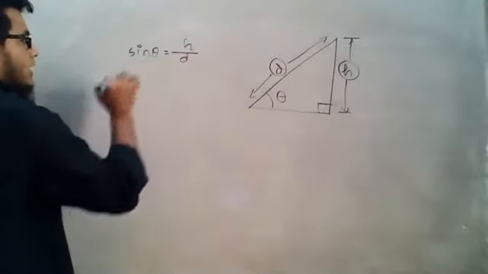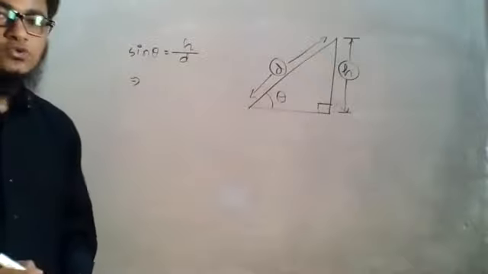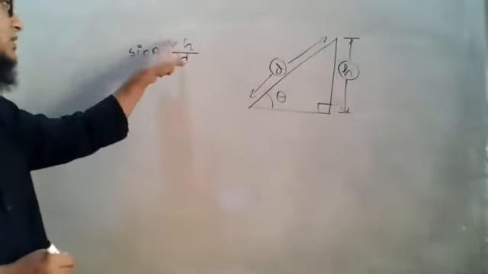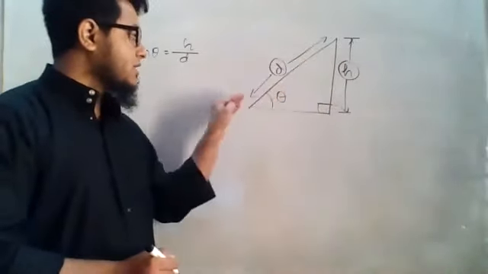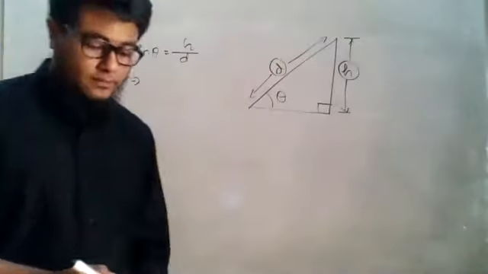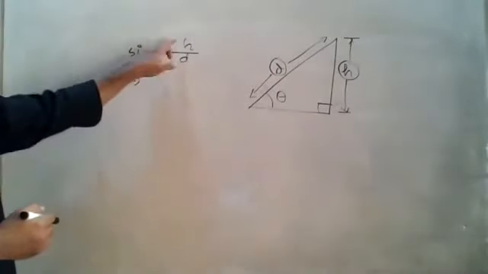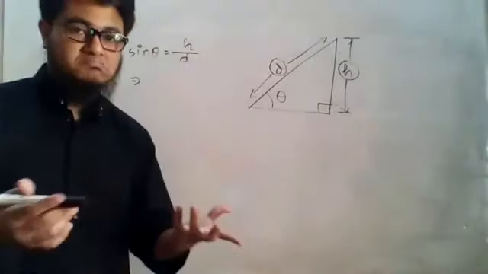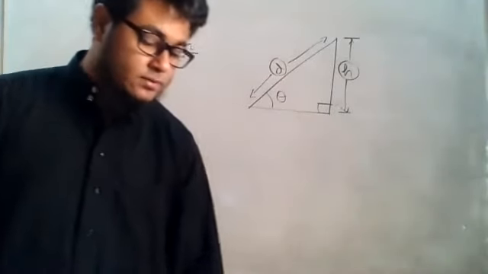From here, if you know any two values, let us say the width of the road and the angle of banking, then you can tell how much higher the outer surface is than the inner surface. Or if the height and the angle are given, you can find the width of the road. Out of these three, any two will be given and you can find the remaining one.